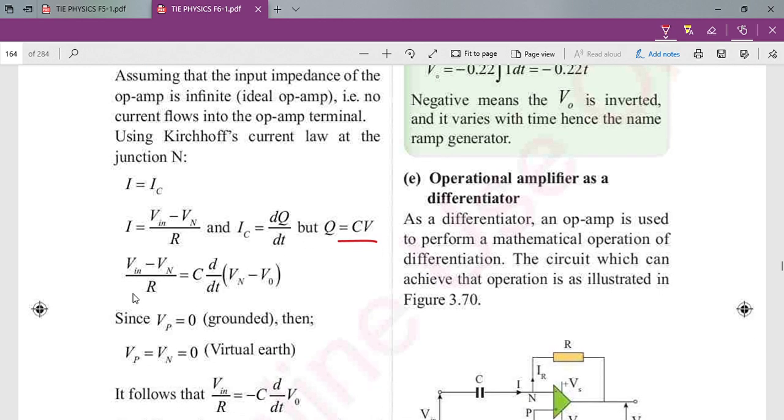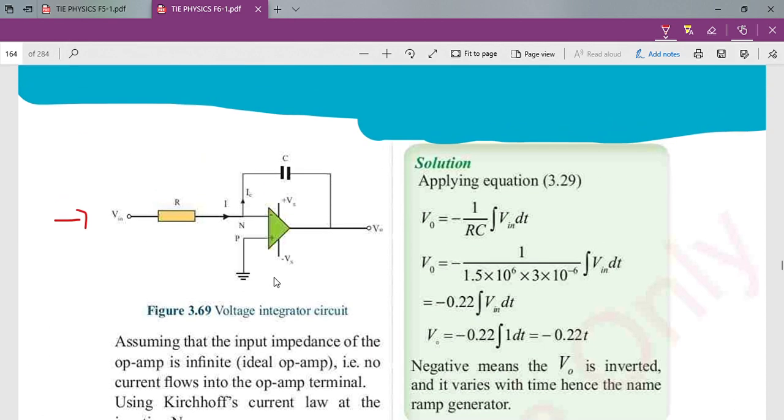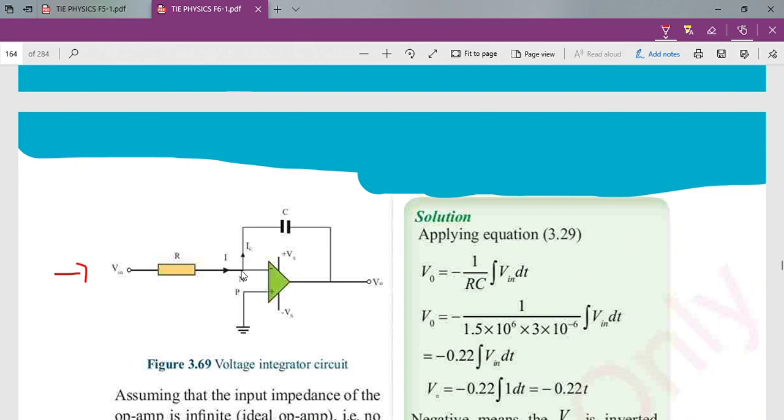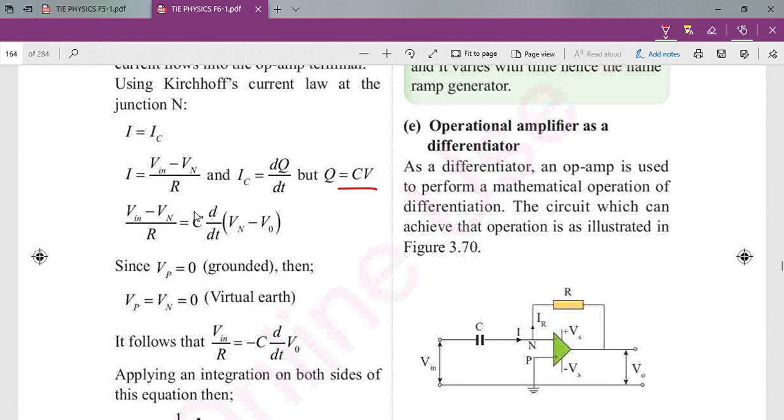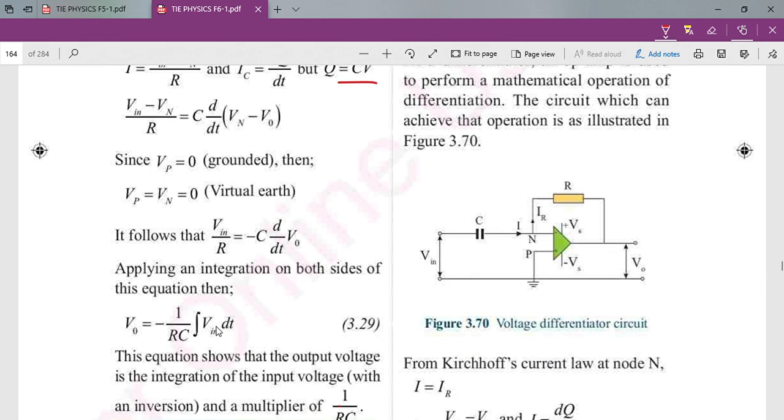Now put here Vin minus Vn over R1 is equal to C dV over dt, because C is constant. So you will obtain this value.